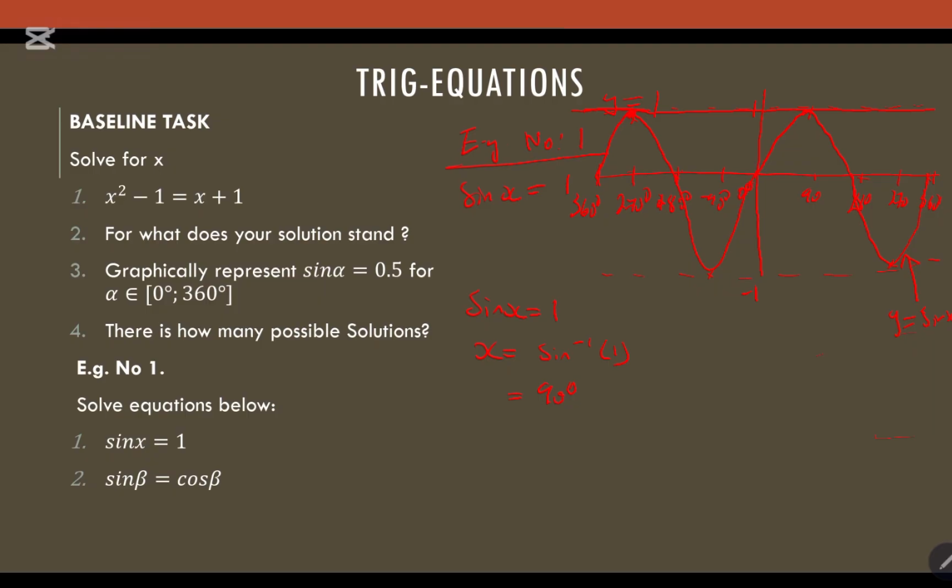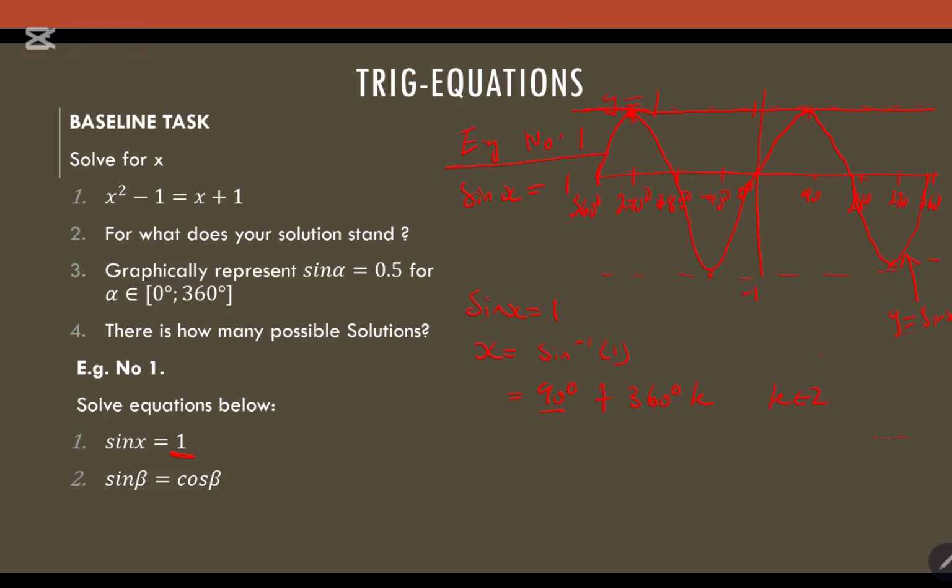So how best can we represent this? We simply say, in which quadrant do we find sine x positive? And that is in the first quadrant and in the second quadrant. So this angle is in the first quadrant. So we simply say it is 90 degrees plus 360 times k, for which k is an element of integers. What does this represent?